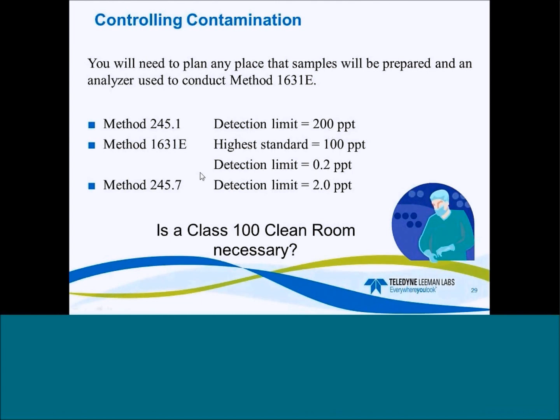So you're working several orders of magnitude lower in your concentration range, and the detection limit is 1,000 times lower for that technique. 245.7 is a little bit higher than 1631, and it is a little easier to satisfy its quality control requirements.